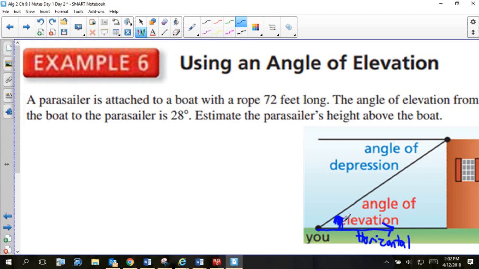You see, I still have a horizontal arm. One of them has to be horizontal at all times to have this correct vocabulary. So angle of depression: horizontal, and then angles down.